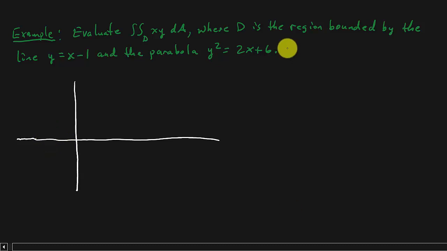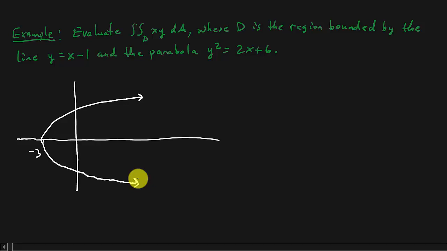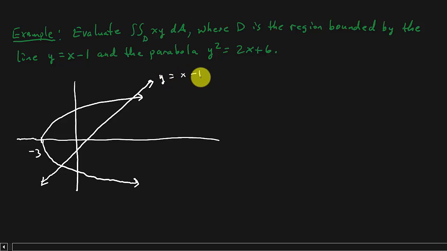Because look, we can actually solve this for x if we wanted to, which here we're at -3, and it's coming around like this and like this. Okay, and so then we have the line y equals x minus 1, so that's going to be this line here. This is y equals x minus 1.